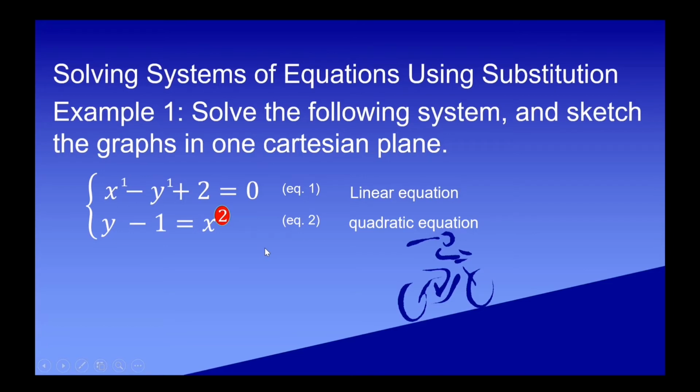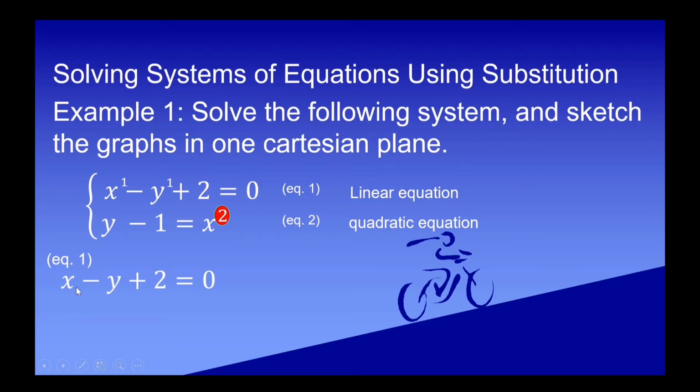To start with, hanapin natin yung pinakamadaling equation to simplify the calculation. Obviously, the linear equation is the best choice. So our first equation, that is a linear equation, x minus y plus 2 is equal to 0. You can solve for x or y. For this one, let's solve for y in terms of x.